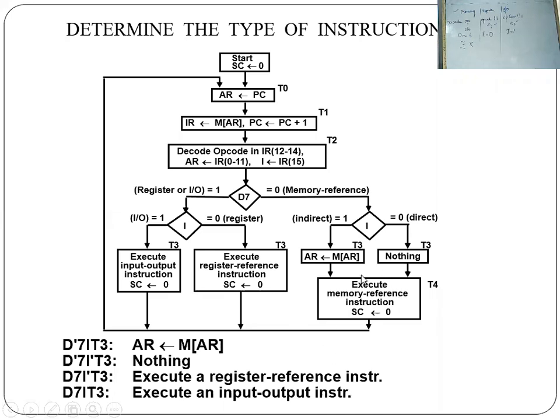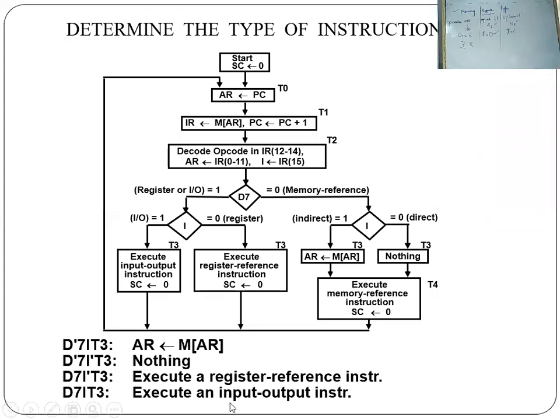Am I clear? After this, D7. Now when the value of I is equal to 0, register reference instructions will be executed. When the value of I is equal to 1, input output instructions are executed, right?